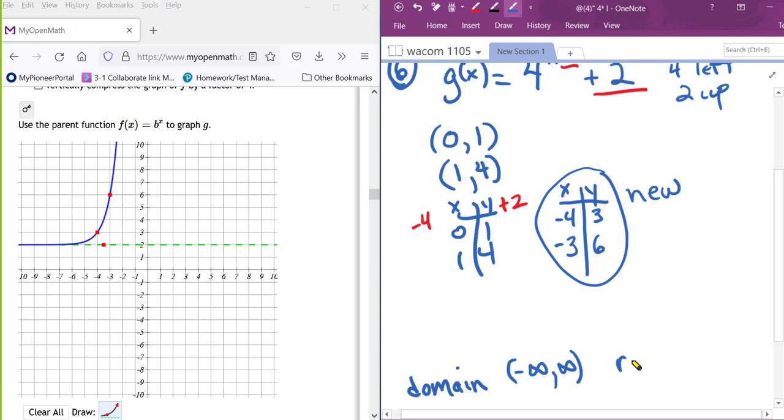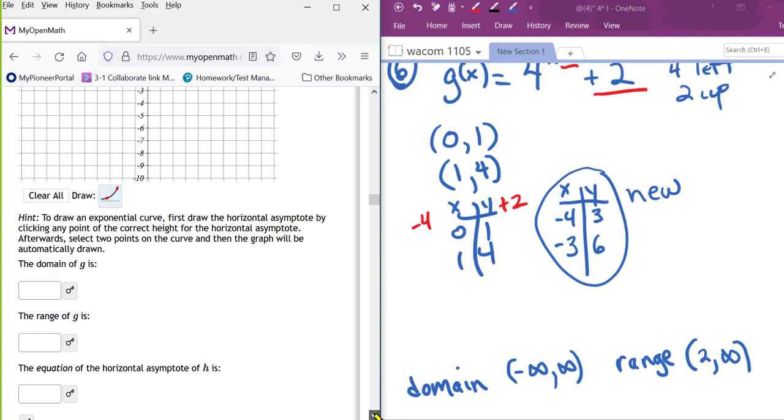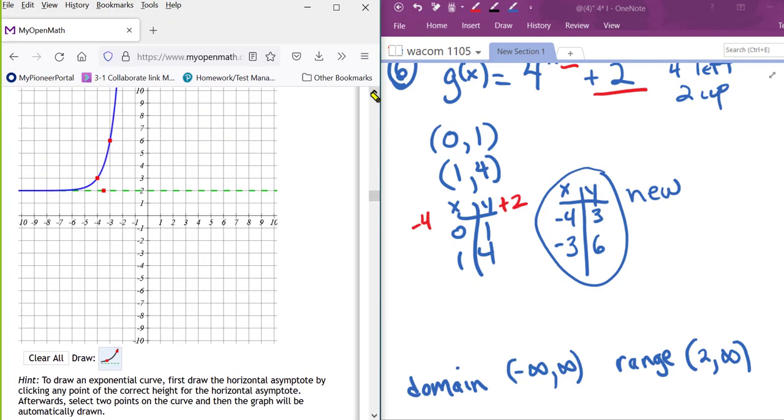And range, it will get close to that horizontal asymptote, but it's not going to cross it. So your lowest will be 2 with a parentheses, and it goes forever up. Right, and one more question. The equation of the horizontal asymptote is y equals 2.